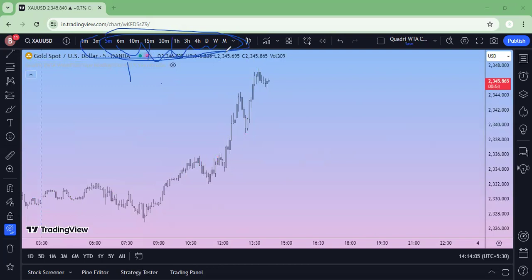For higher time frames, I have developed an indicator that draws a table and gives me an understanding of what is happening on higher time frames like 1 hour, 4 hour, daily, weekly, or monthly. Mostly I'm focusing on weekly down to 1 hour for top-down analysis, and I'm trading on 5 minutes.